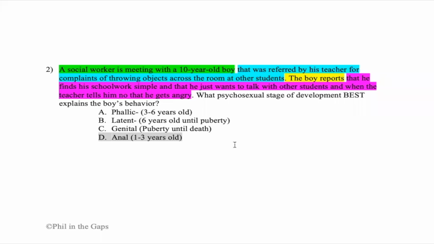So D is going to be incorrect because there is another term that could better align with what he is experiencing. We're also going to rule out A, the phallic stage, because it's not talking about feeling themselves or identifying their genitalia in any way, shape, or form, or relationships with parents in any way, shape, or form. So now we're in between B, latent.